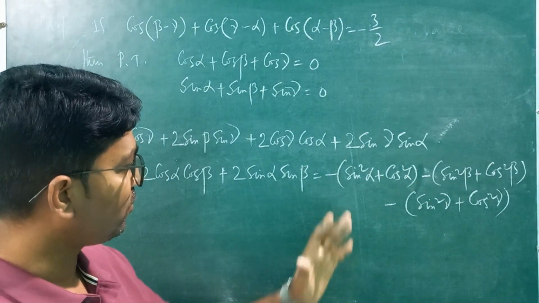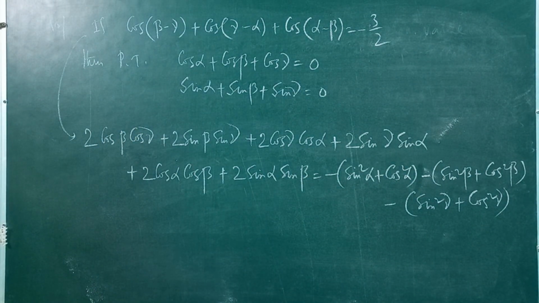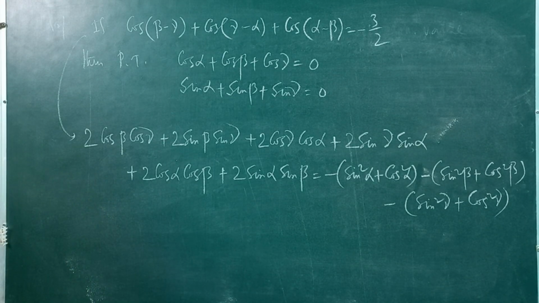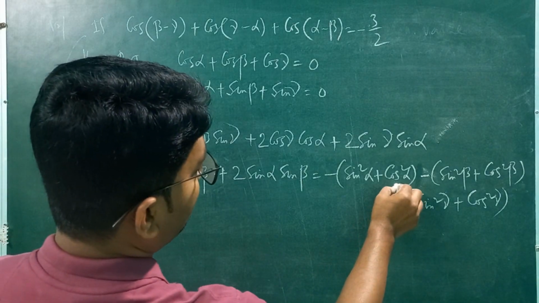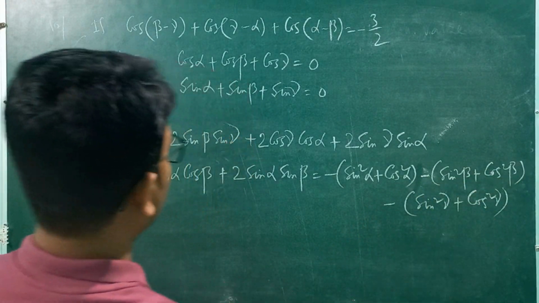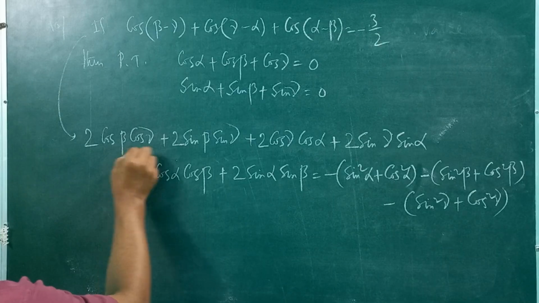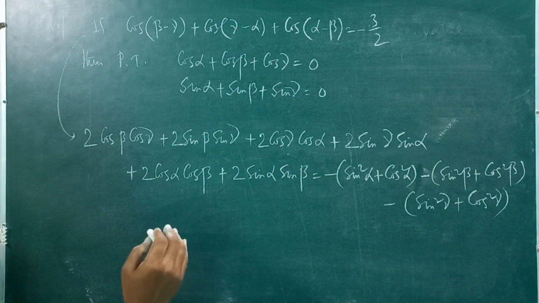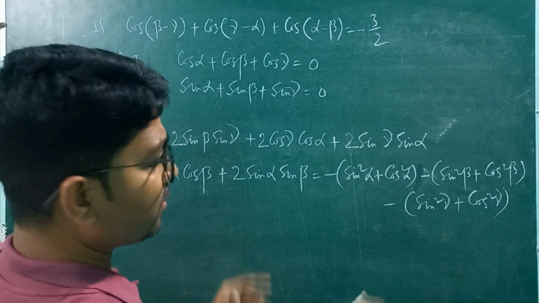Now I just shift all the terms to the left hand side. In this way, if you take all the cos structure, that is cos square alpha, cos square beta, cos square gamma, and the cross cos terms, I take all the cos structure in one parenthesis and all the sin structure in another parenthesis.